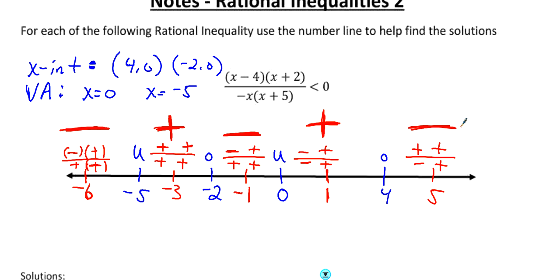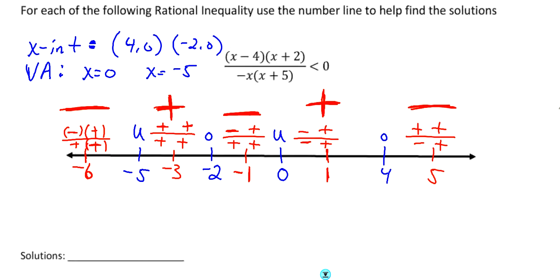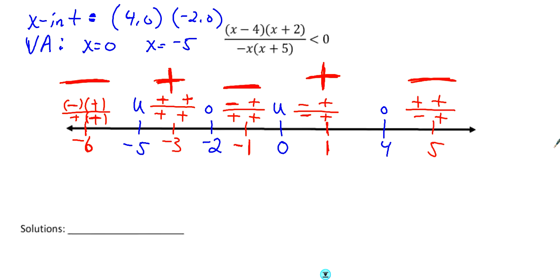Now, I need to find the solutions to this. I'm looking for where this is less than 0, which are negative numbers. So anywhere I see a negative, I'm going to put an X there. X there, X there, X there.